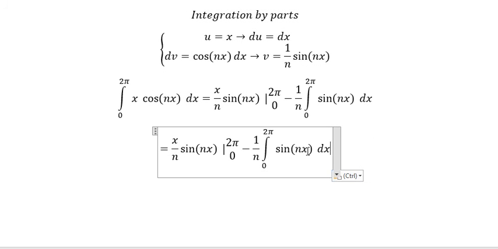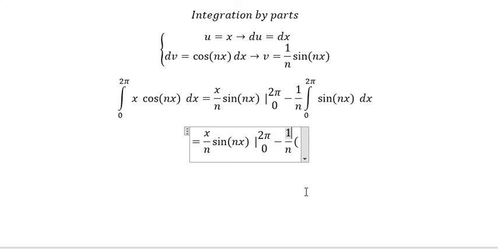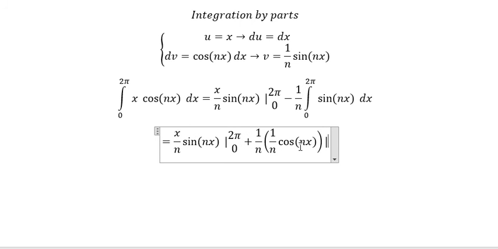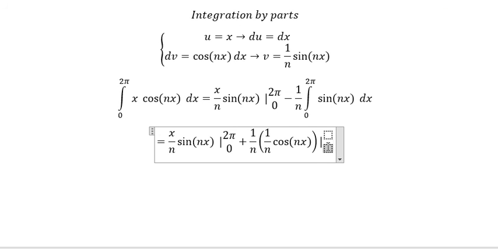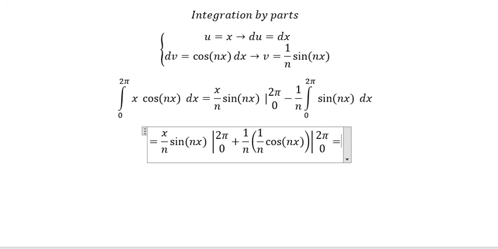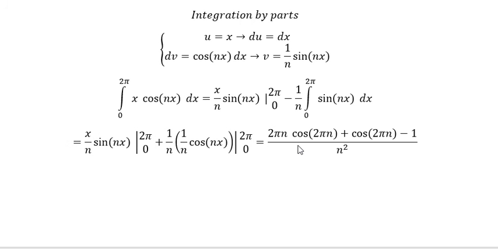So the integration of this one with the negative, we will have positive 1 over n cosine ns, and we put the bounds from 0 to 2b. So we calculate this one, and we have like this.